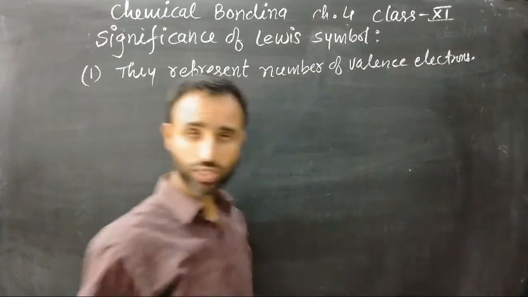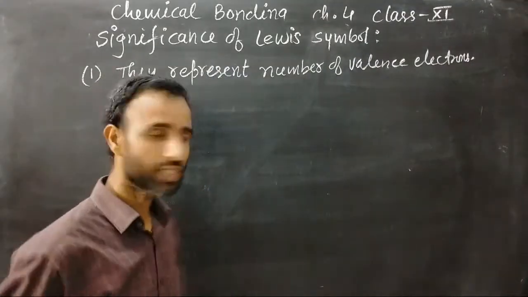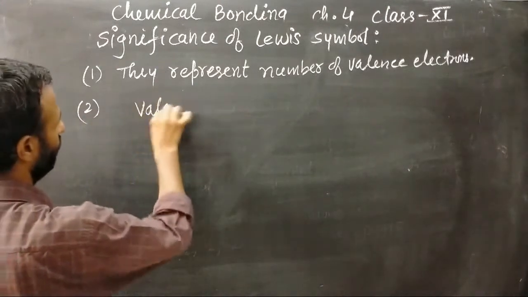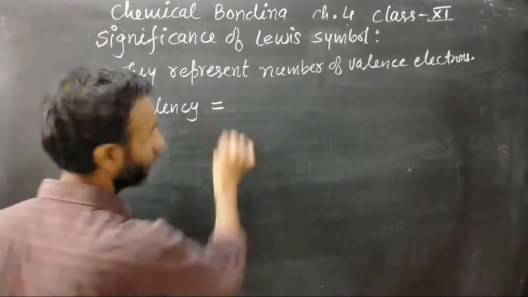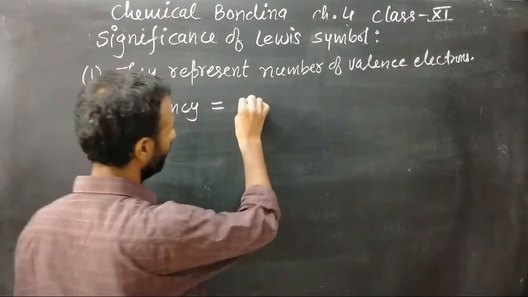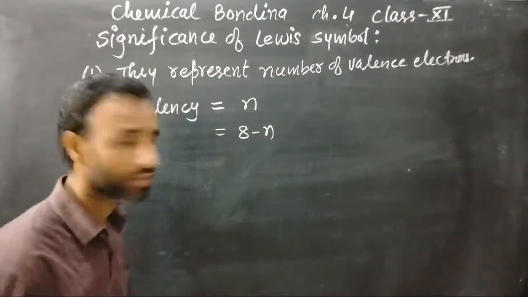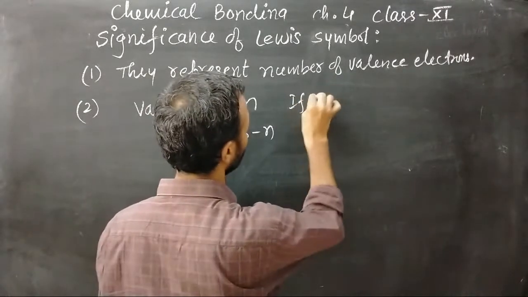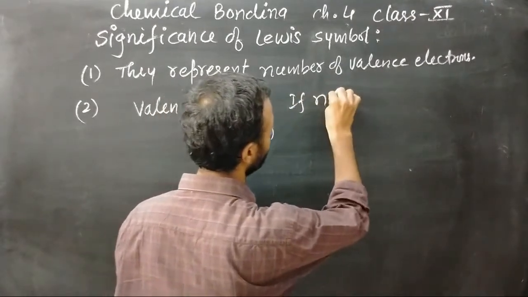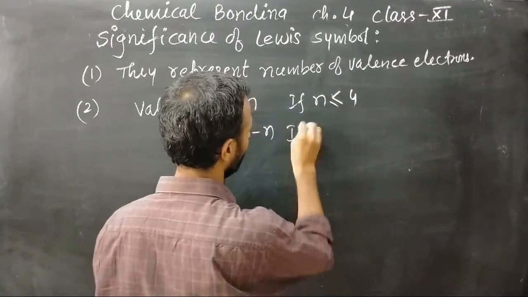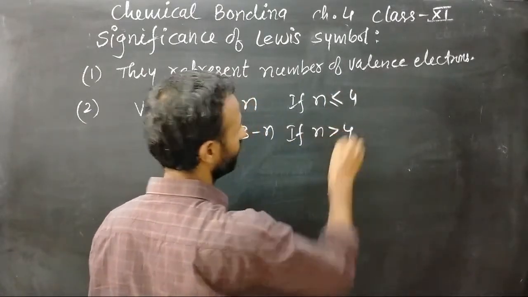Means number of dots represent number of valence electrons. Second, valency is equal to either n or 8 minus n. n if n is less than or equal to 4, and 8 minus n if n is greater than 4.